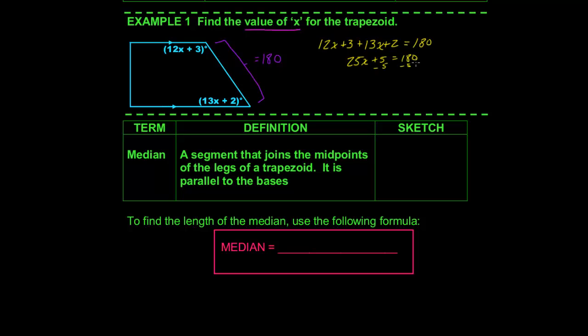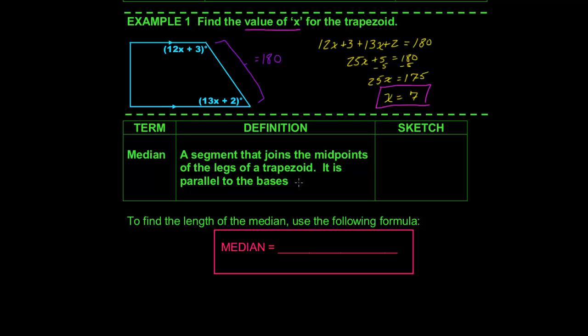Subtract 5: 25x equals 175. Doing the calculations, x then equals 7. Now we're looking for the value of x. There's our final answer.